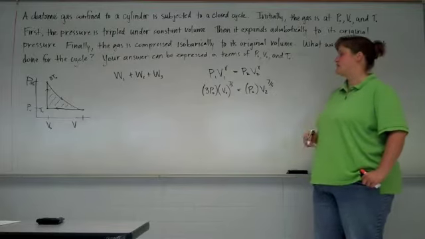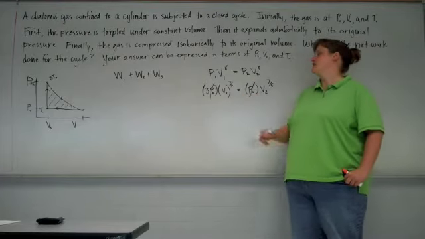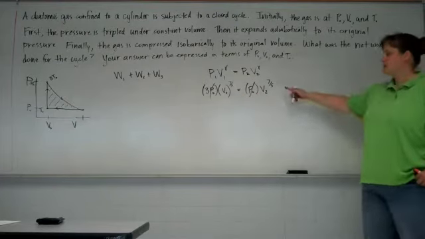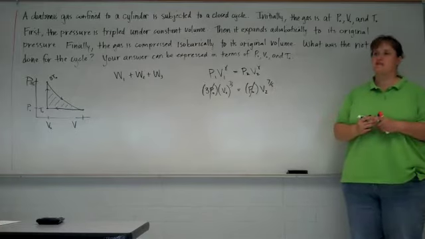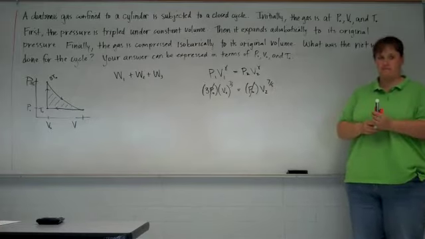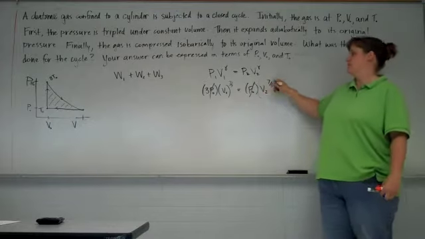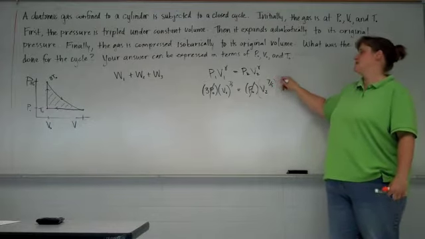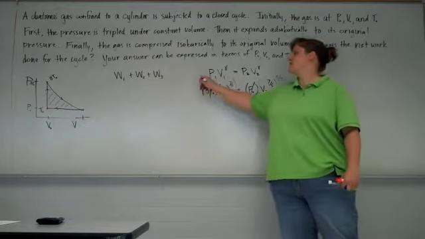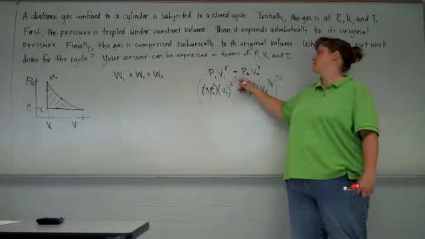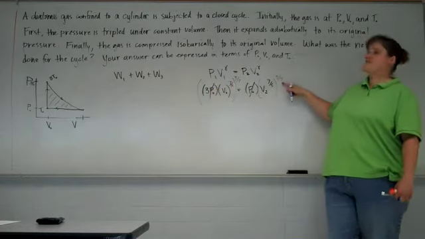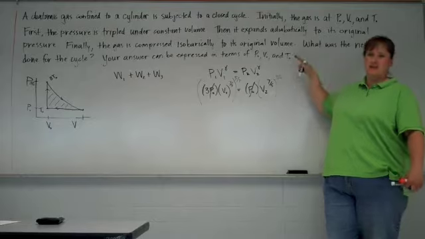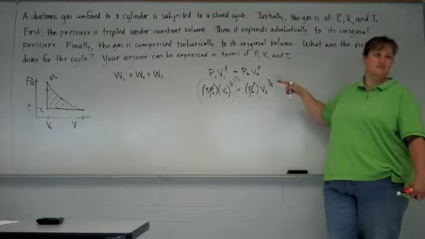We're looking for V2. P naught's going to cancel. How do I get rid of the 7/5 power? Take it to the 5/7. We need to do that to both sides. The 7/5 to the 5/7 power, remember when you take a power to a power, you multiply them.